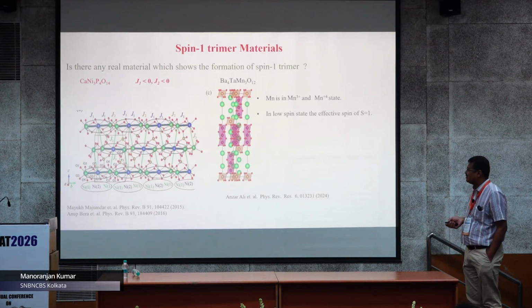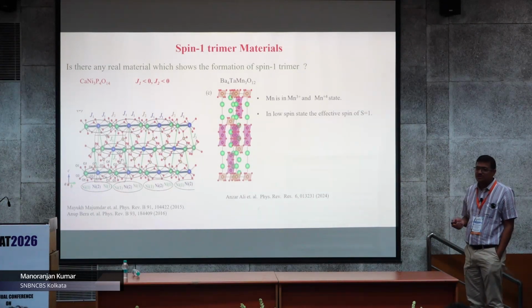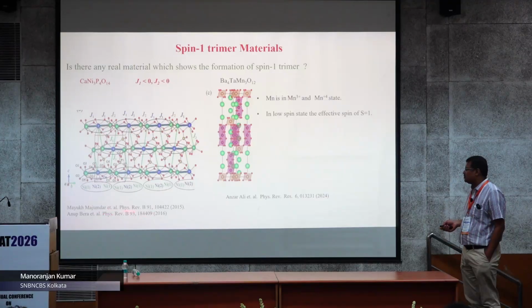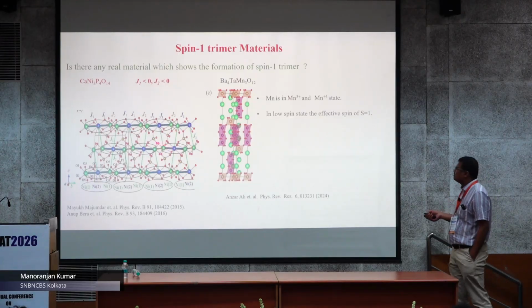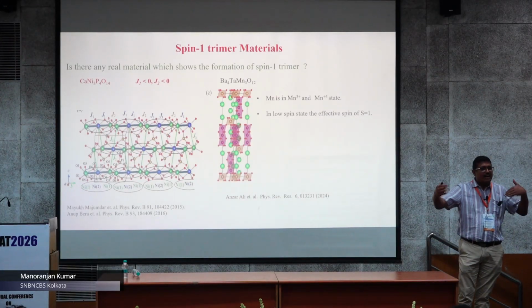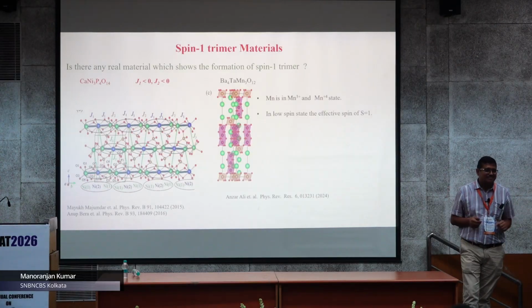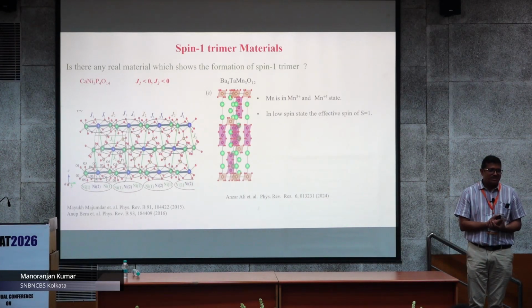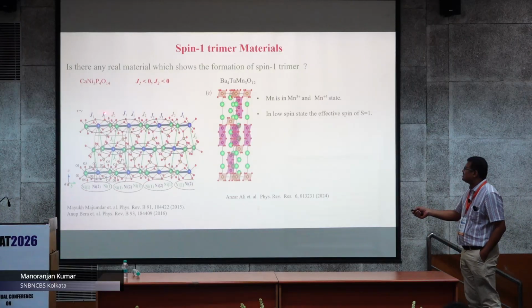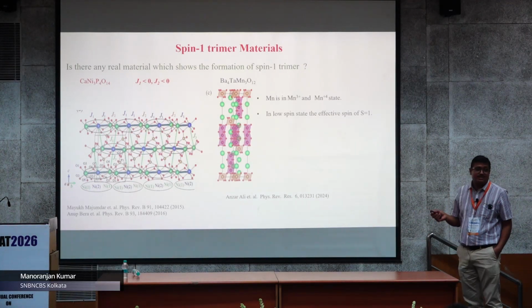I would say, fortunately, there are a few compounds from our Indian group, Mayuk and Anup, who have both designed them. The problem with these materials is that these are highly connected chains. So we cannot say that these are the real material, but they are trying to form this, where effectively J2 is weaker, and then they have J3, which is the culprit.